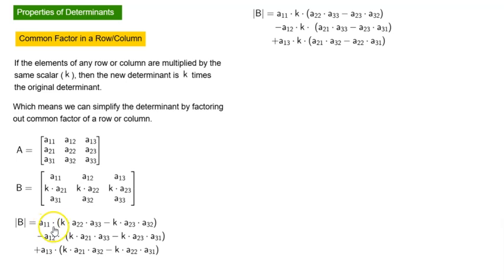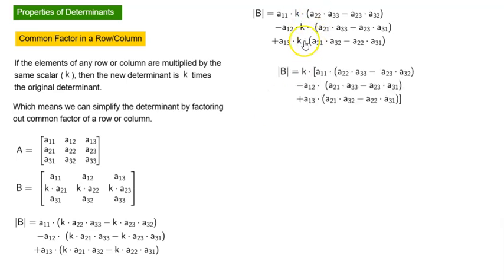So we have A11 times k times (A22 times A33 minus A23 times A32) minus A12 times k times (A21 times A33 minus A23 times A31) plus A13 times k times (A21 times A32 minus A22 times A31).